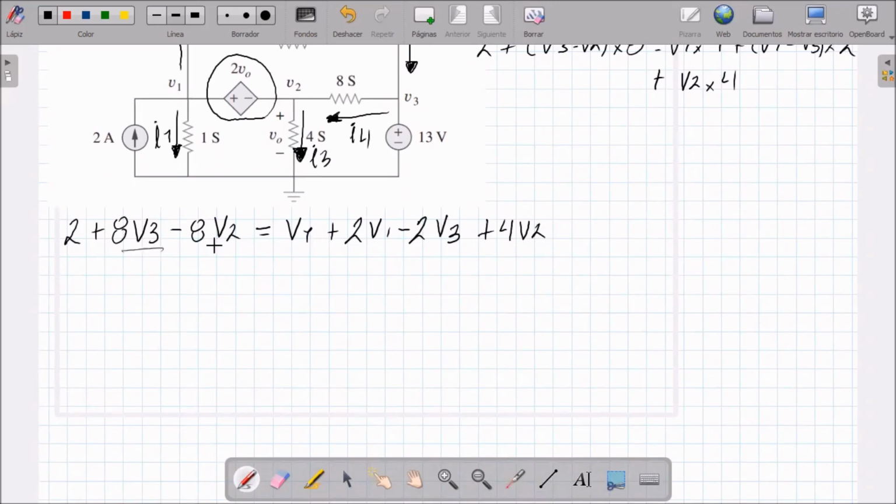I'm going to move what's here and this to the other side of the equation.